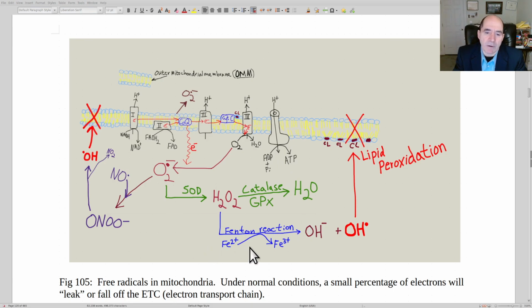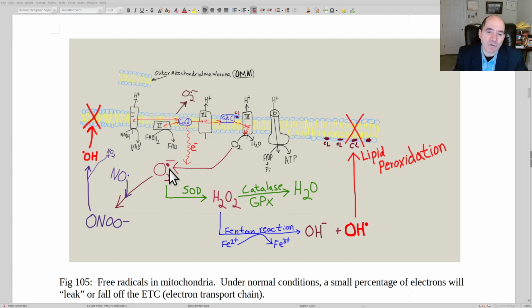free radicals in mitochondria. Now what's happening is you need to give 4 electrons to this oxygen in order to convert it into water. Sometimes an electron will leak off of the electron transport chain, drop down, and attach itself to an oxygen, and then this becomes what's called a superoxide. A superoxide is a free radical, meaning that it has an unpaired electron in an outer orbital, and that makes it hyperreactive.